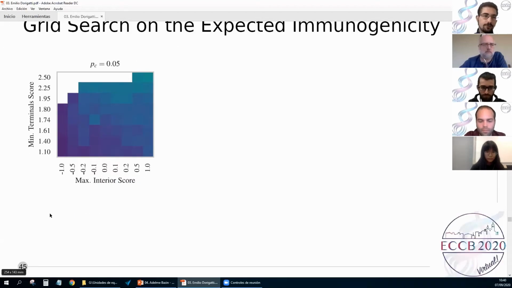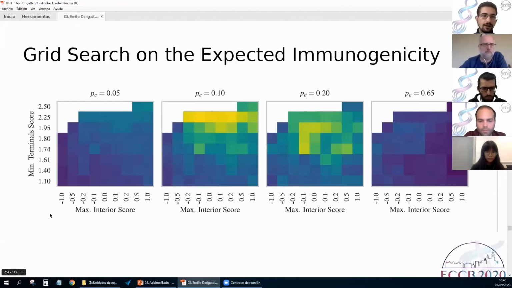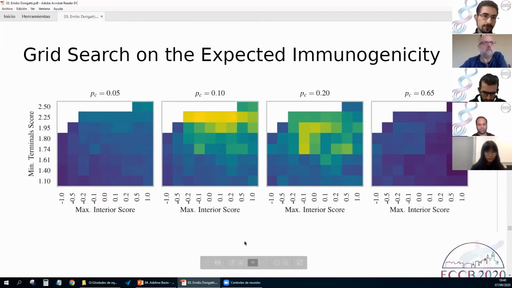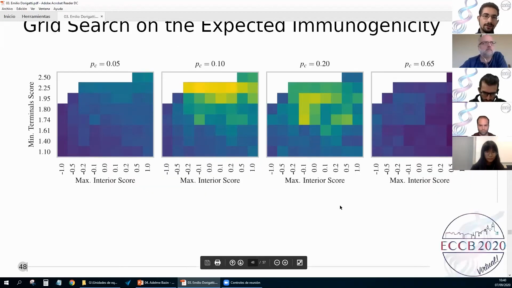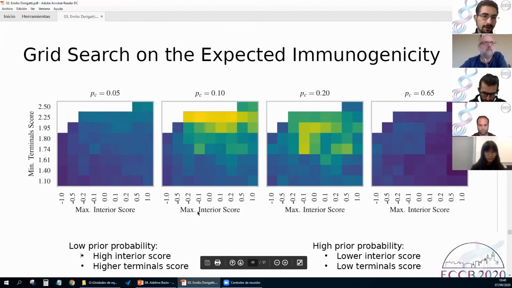And we repeat this process for several prior cleavage probabilities. And what you can see is, first, the best results seem to be obtained with a prior of 10%. And second, as the prior increases, we need to be more strict with the maximum score inside the epitopes, and we can be more lenient with the score at the terminals.